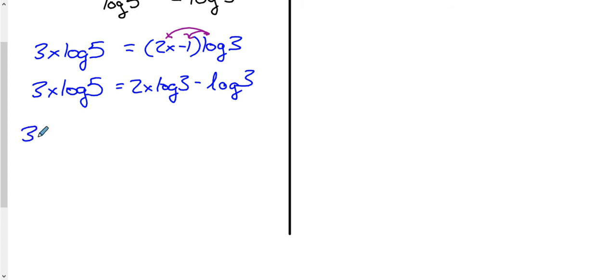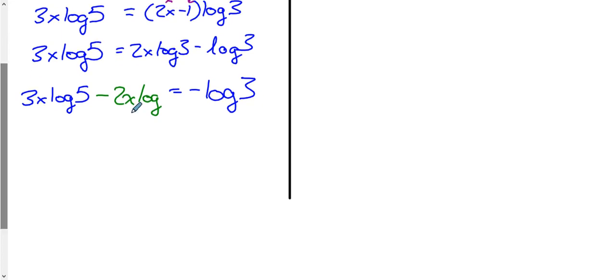So I have 3x log 5 minus 2x log 3. So I moved it from the right side all to the left. That's now going to be equal to my negative log 3.